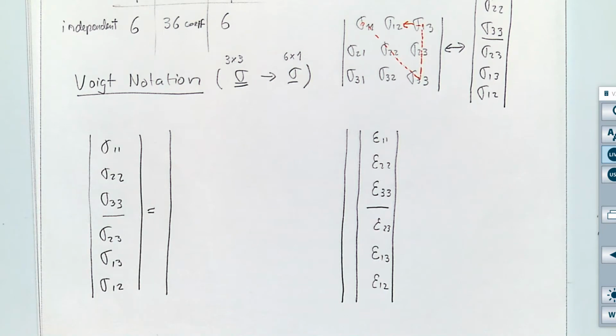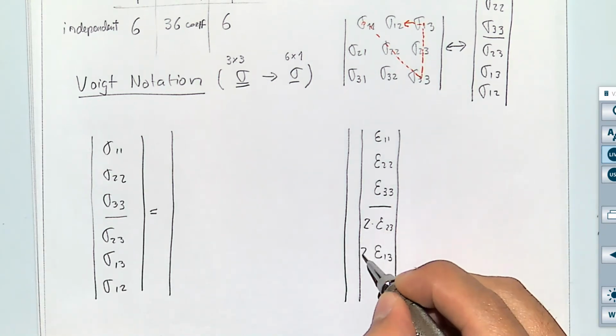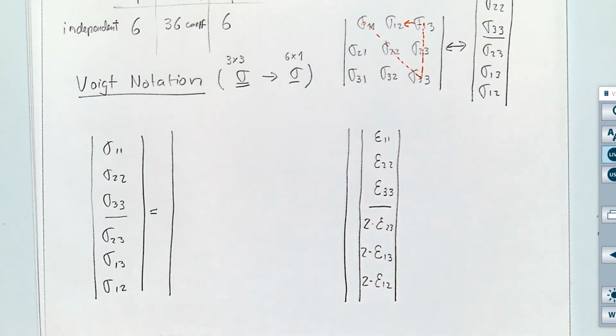And just by convenience, I'm going to add a number 2 over here. We're going to see where that number 2 comes from later on. But it's just a number 2. It doesn't change anything.